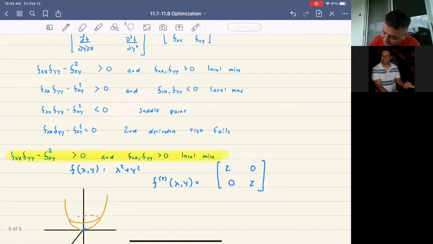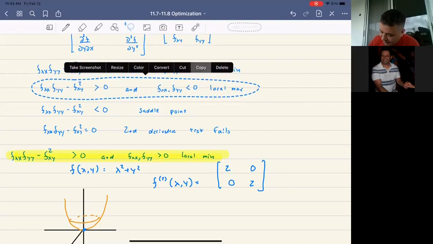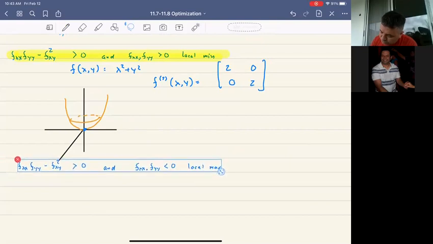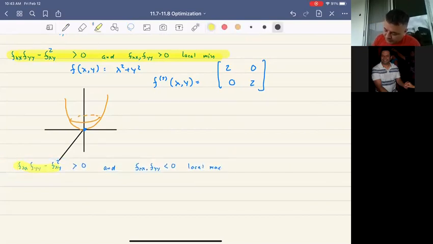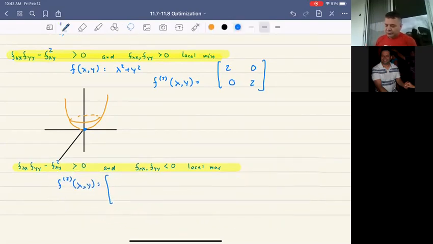Let's take a look at this example. This example is not much different, to be honest. Our second derivative matrix, oh, I haven't given you an example, have I?